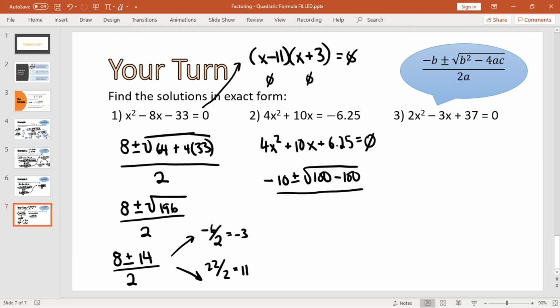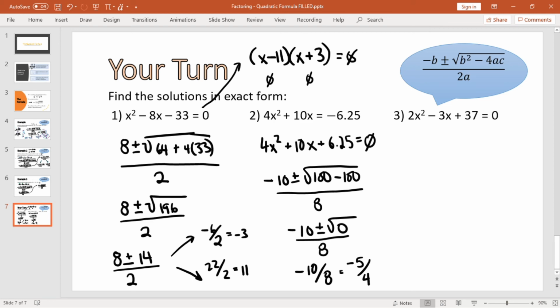And then 2a is 8. So when I do this, I have negative 10 plus or minus root 0 over 8. And this is fine. The root of 0 is 0. So basically, you only have one solution here. Negative 10 over 8, which is the same as negative 5 over 4.